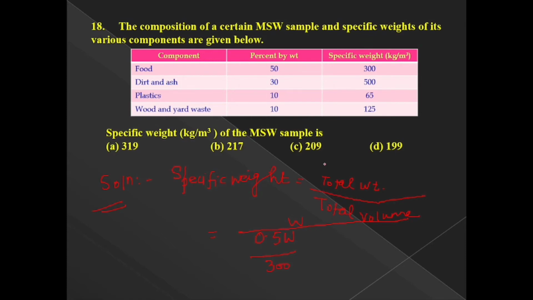Now 0.3 of total weight, or 30% of total weight, has a specific weight of 500, plus 0.1 W by 65, plus 0.1 W by 125.